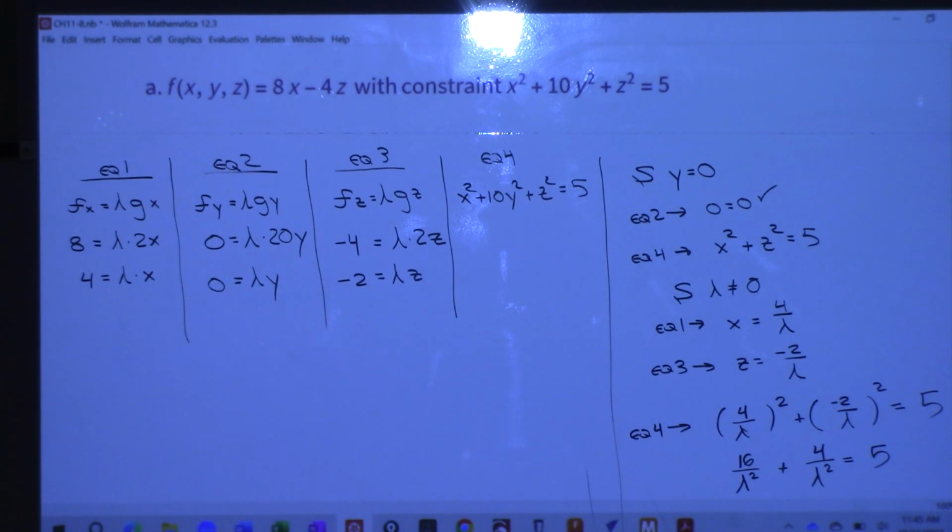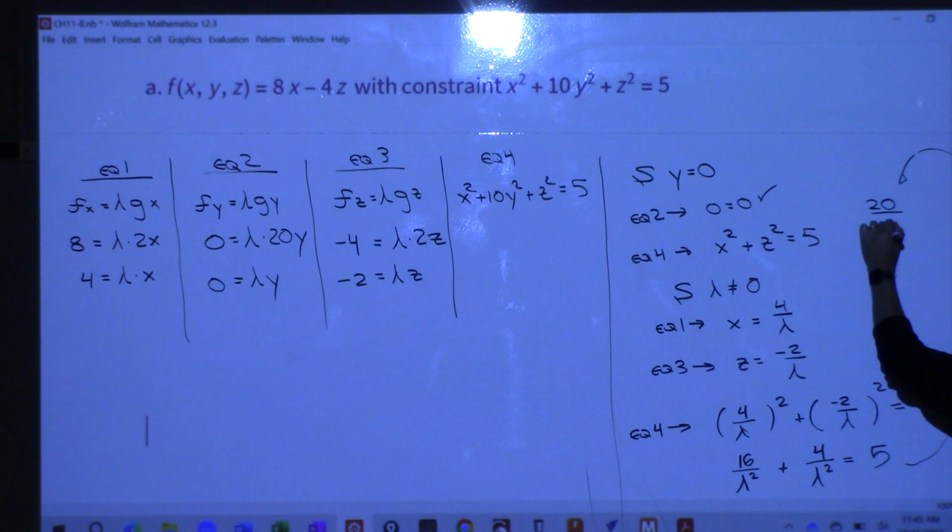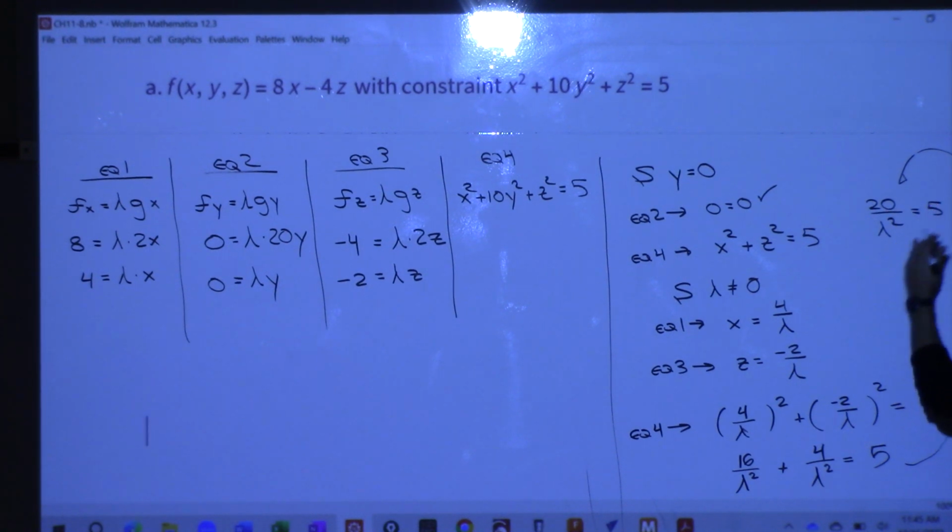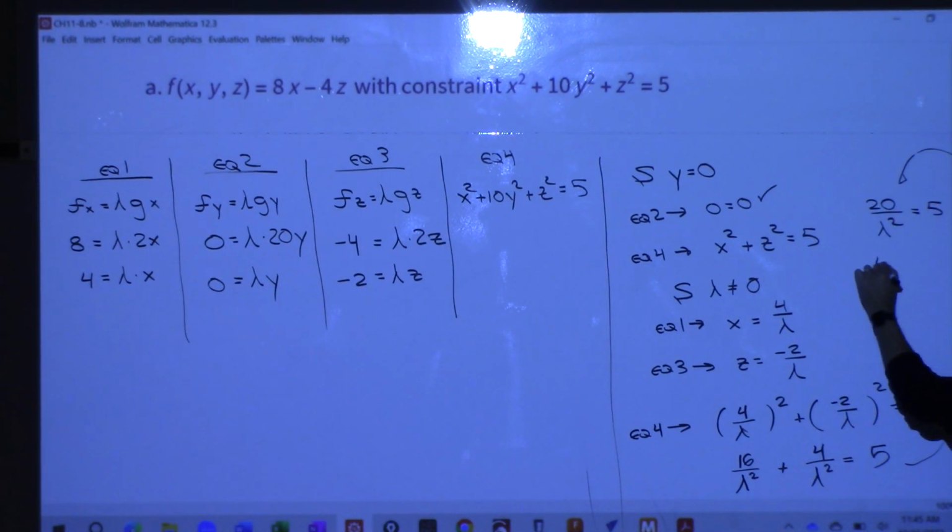Same denominator, put them together. So 20 over lambda squared equals 5. Let's multiply and divide. We get 4 is lambda squared, and so plus or minus 2 is lambda.